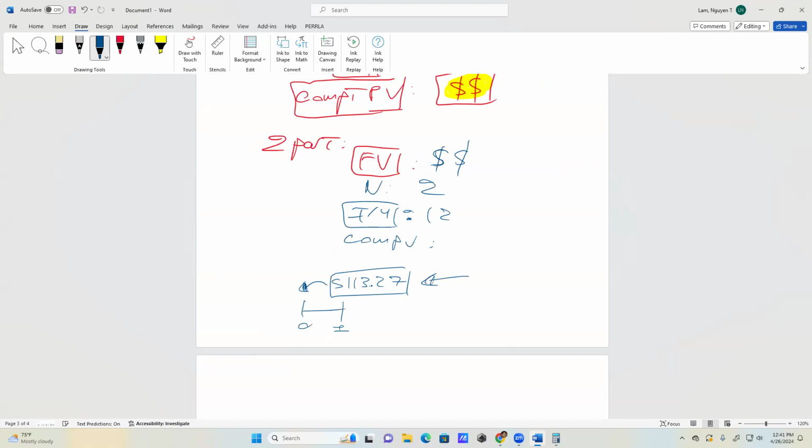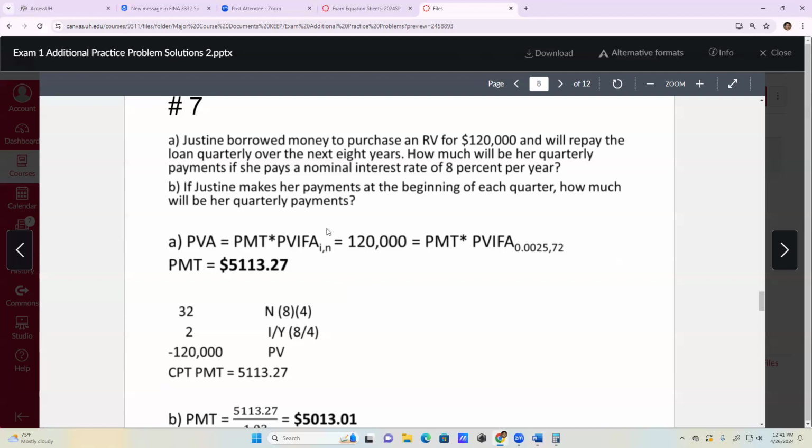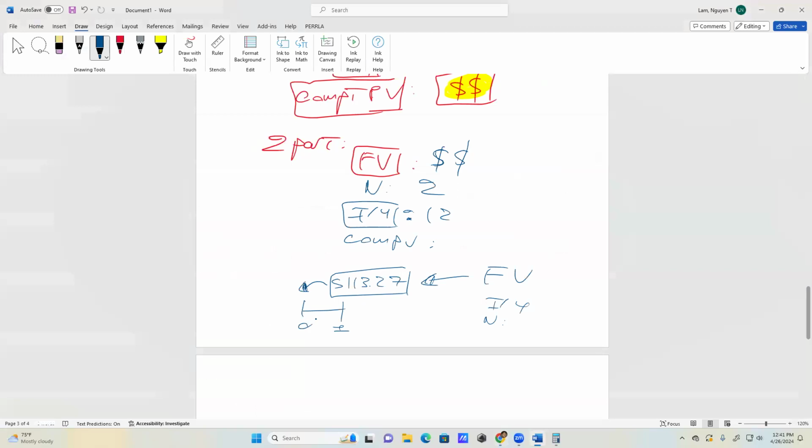So you're going to set this as future value. You're going to put in the interest rate. You're going to put in N, how many years? Well, in this case, you see that you have to use this I/Y, 8 divided by 4, which is 2.